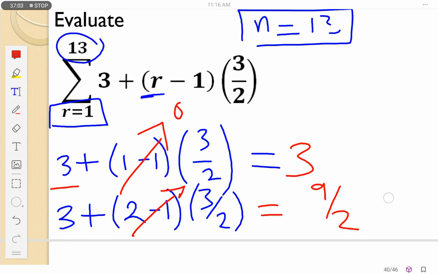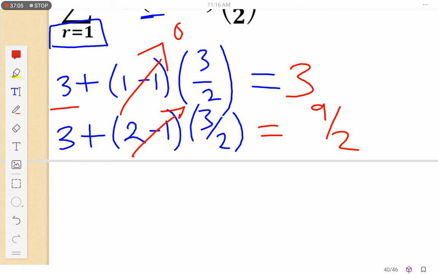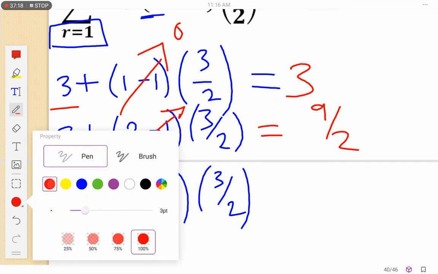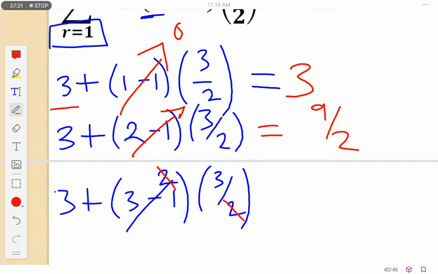Okay, so we do the same for the third one. The third one, I've got 3 plus 3 minus 1 by 3 over 2 here. This becomes a 2, and when we have a 2, this one and this one will cancel, and I'll have my term number 3 as a 6. Let's go on to the other one.